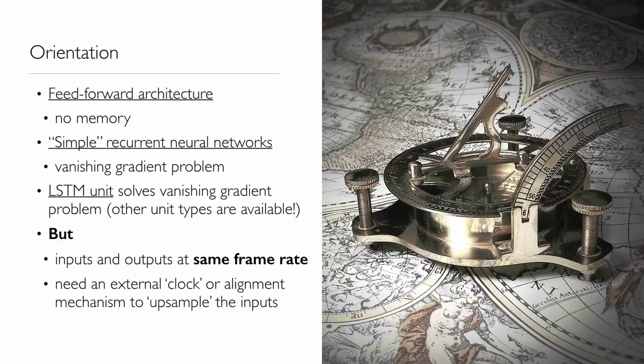The RNN can do something to remember, to model the context. But here, there is one issue: the alignment comes from an external model. We need one duration model to align the input and output features.